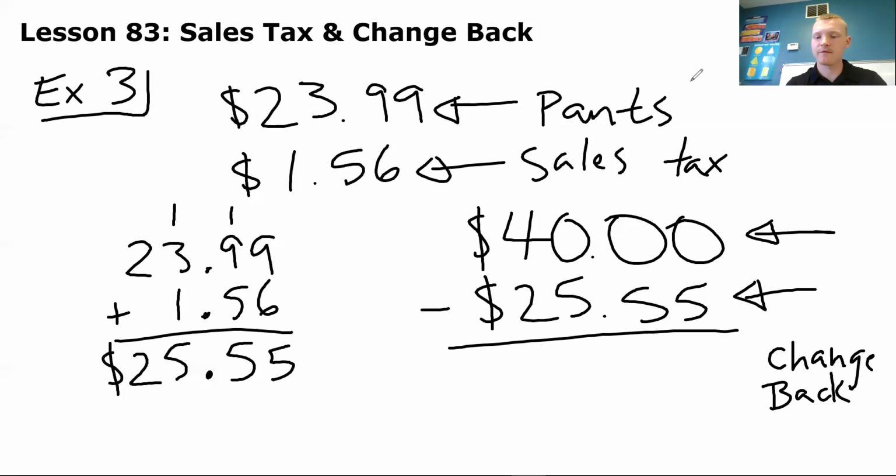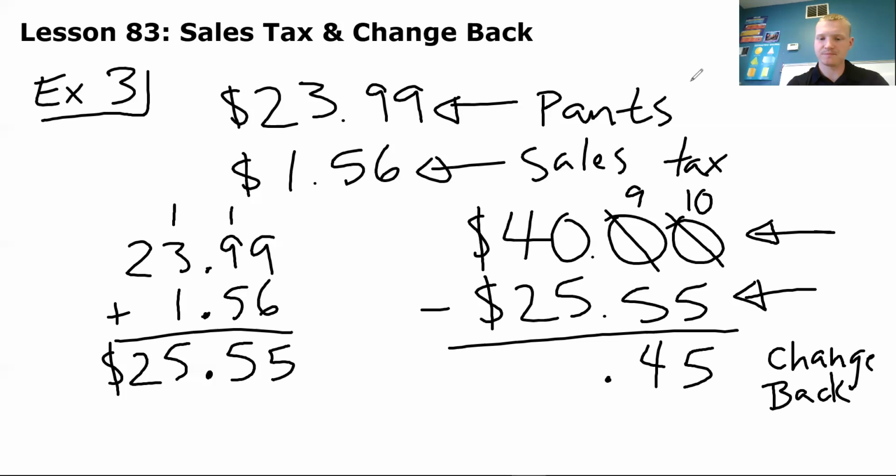So first off, 0 and 5, we need to turn that 0 into a 10. So 10, and so we're going to borrow from that 0. So 10 minus 5, we got 5 here. 9 minus 5 is going to be a whopping 4.